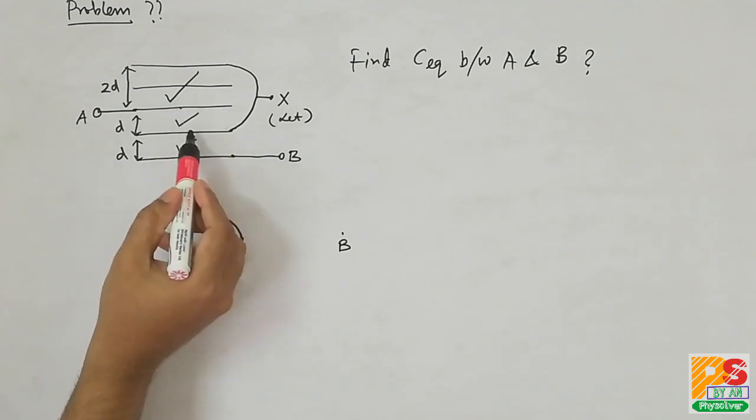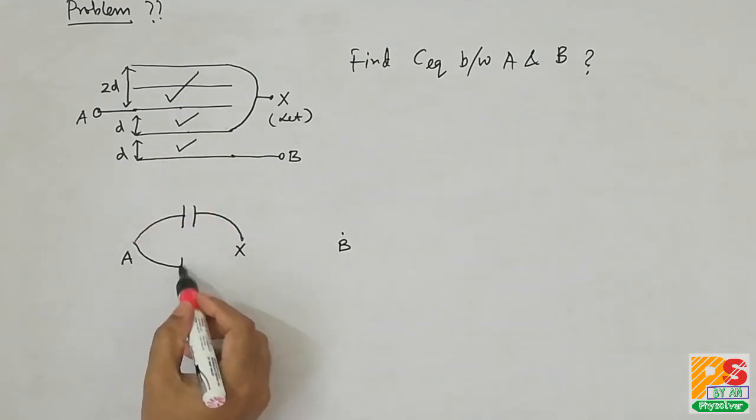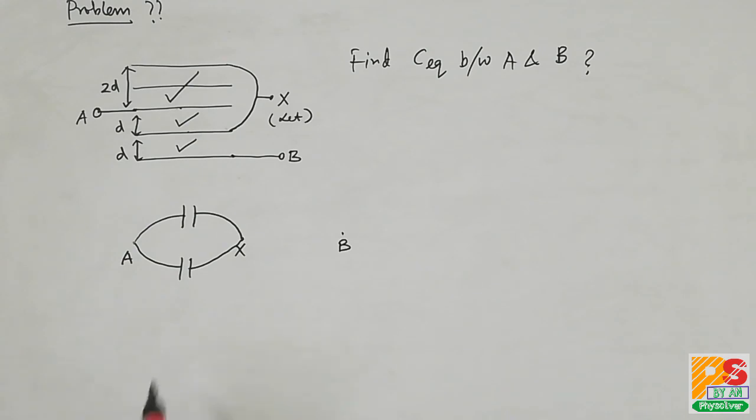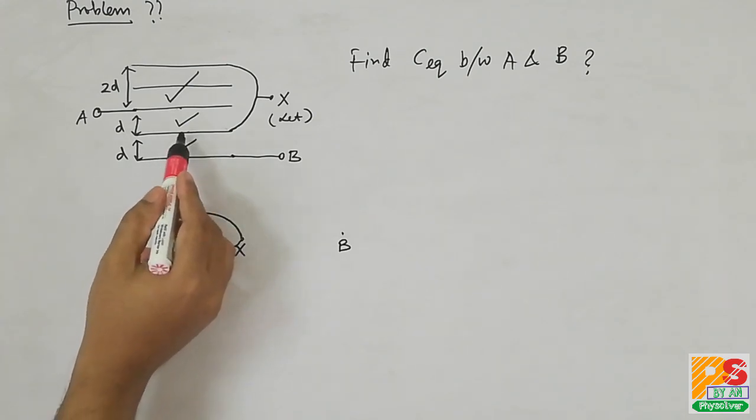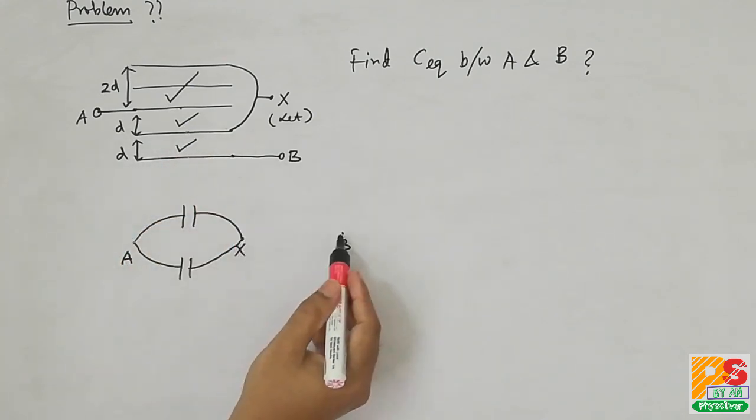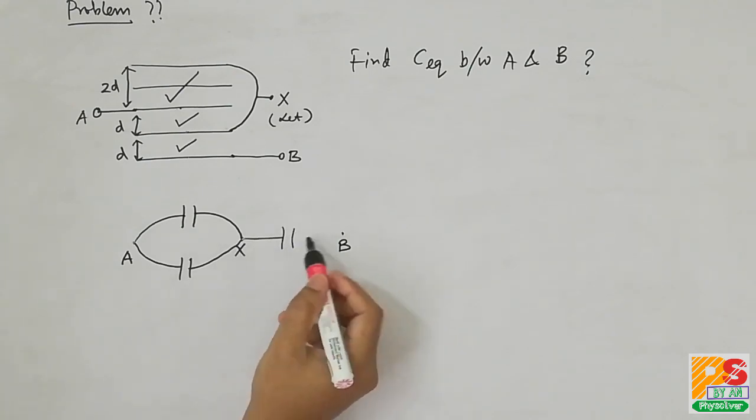Now this capacitor is connected between A and X again, so I will draw it in parallel, and the last one is connected between X and B.